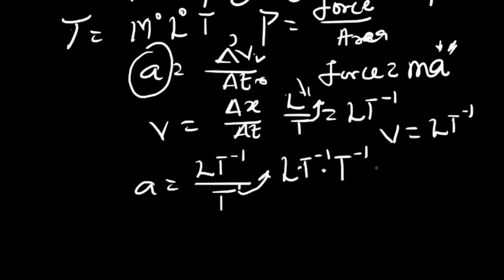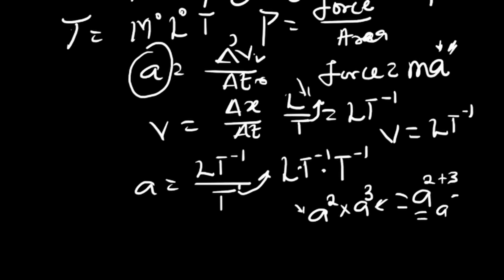At this point, we have to apply the multiplication law of exponents that says when you have like bases, for example, a squared times a to the power of 3. A is a base. 2 and 3 are their exponents. It says when you have like bases that are multiplying each other, you simply add their powers. So this now gives you 2 plus 3, and this is a to the power of 5.